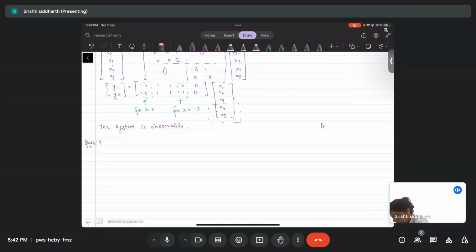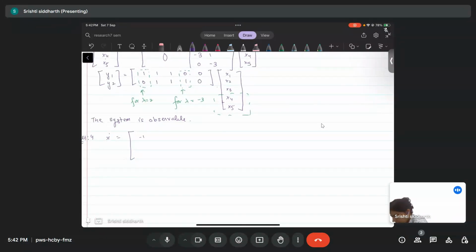So we have again a third order system. So it's -1, 0, 0, 0, -2, 0, 0, 0, -3. So the system has distinct eigenvalues, and we also have some input 2, 0, 0, 1 times u, and then we have the output y, which is 0, 1, 2, 0, 1, 0.